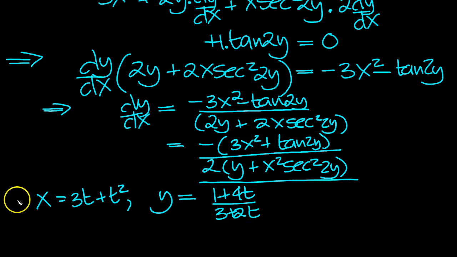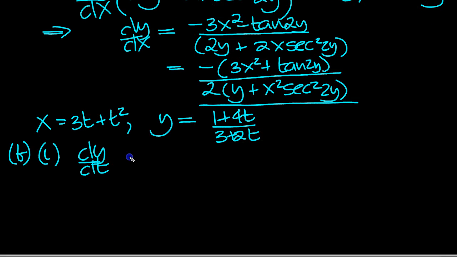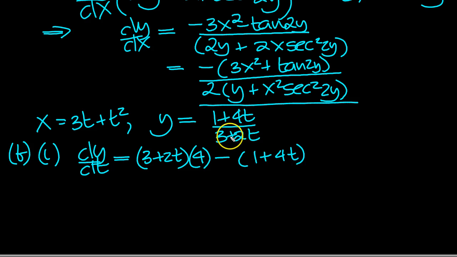So let's get dy/dt then. This is part B, the first part was dy/dt. So let's turn our attention to this part of the problem now. So it will be v, 3 plus 2t, more than one term, put a bracket, times du/dt, which is 4, minus u, more than one term, put a bracket, times dv/dt, which is 2, all over v squared, which is this squared.